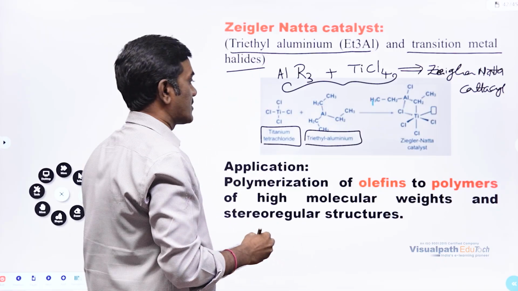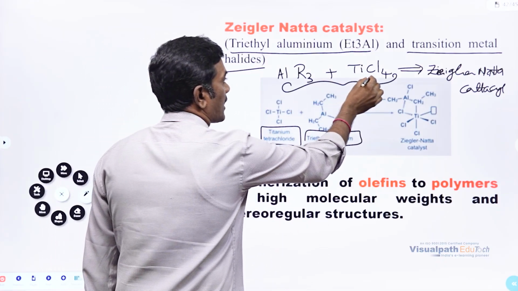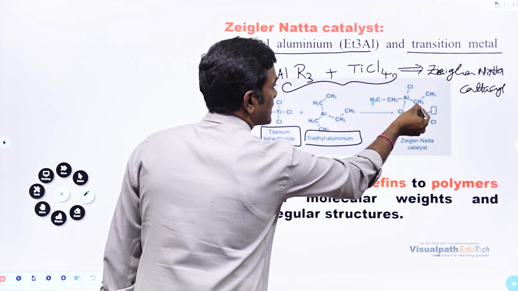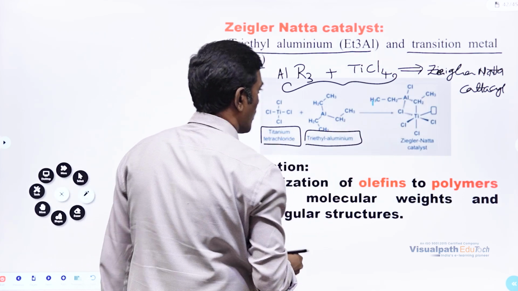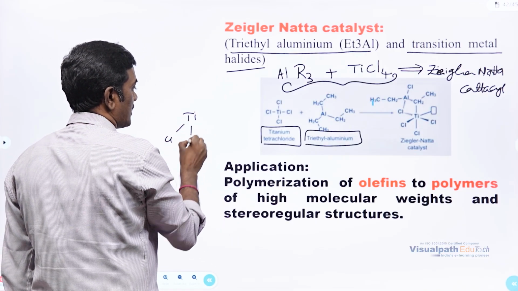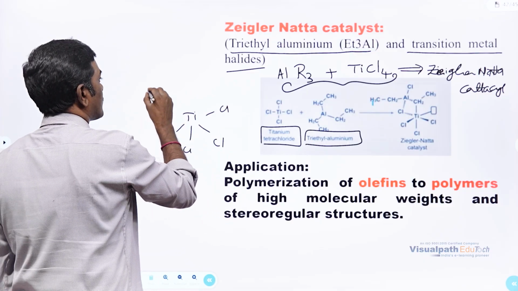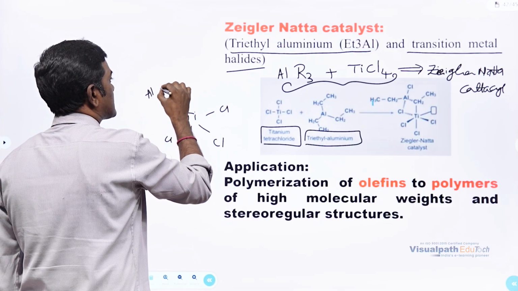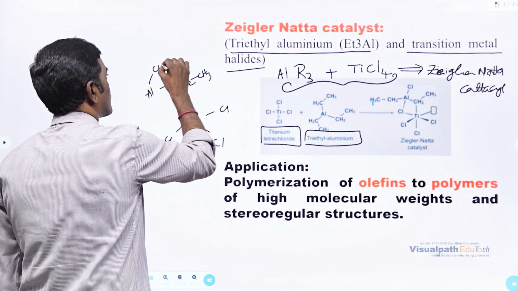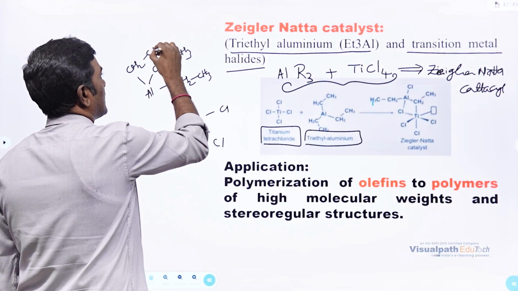And we are going to discuss how the complex is formed. This titanium tetrachloride is going to form a complex with trialkyl aluminum. How will this titanium be here, and aluminum with CH2, CH3, CH2, CH2, CH3?